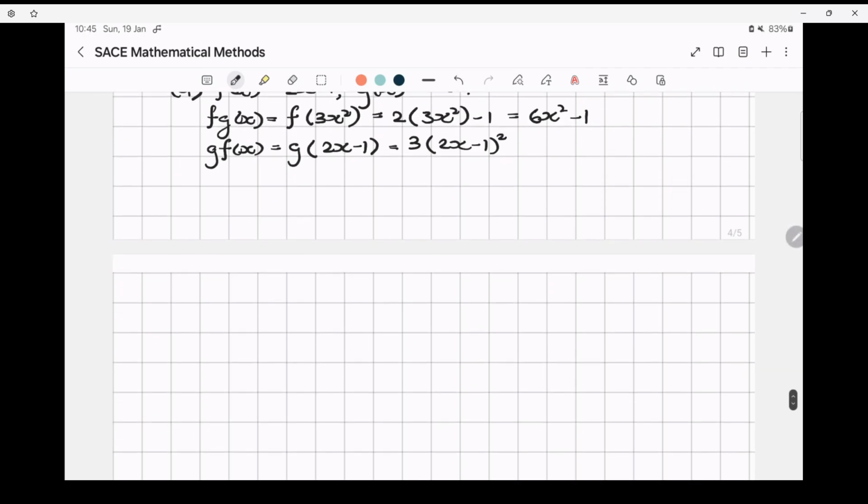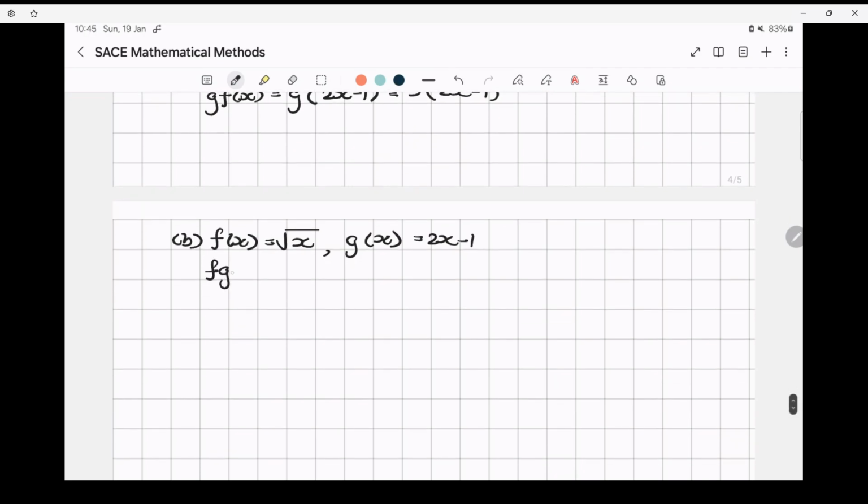So the second example, perhaps we can look at, let's say f of x is square root of x, g of x is 2x minus 1.